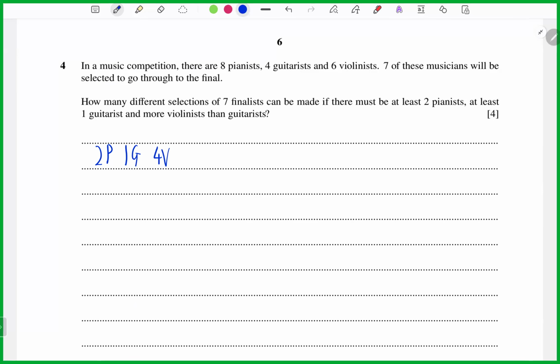Yes, it is more than. So 2 pianists here, and then you can write two guitarists, three violinists.